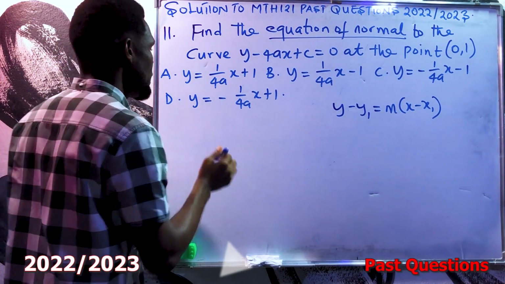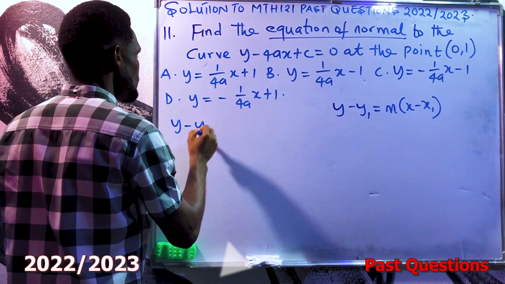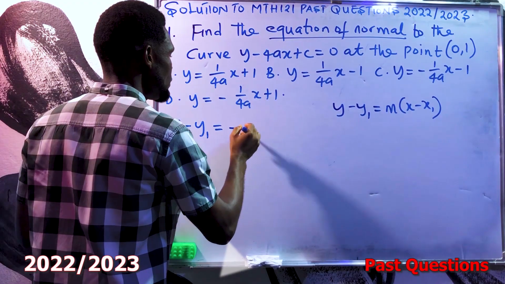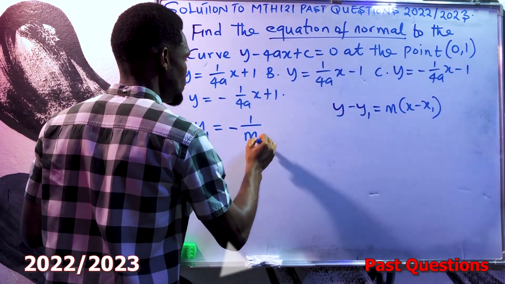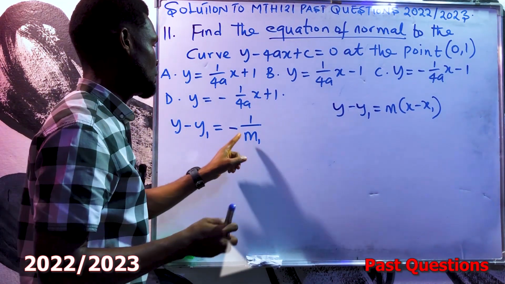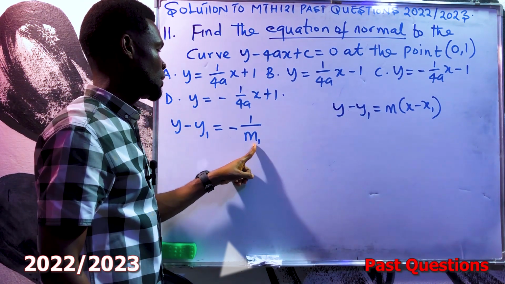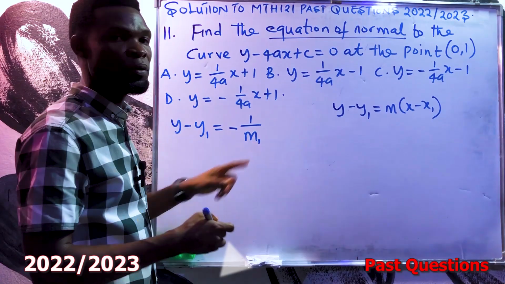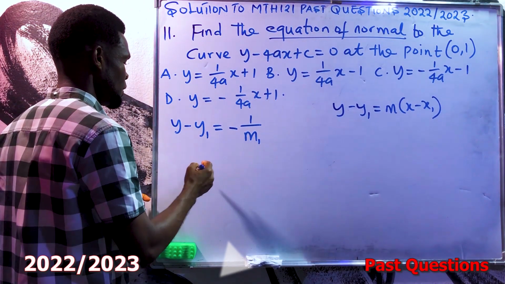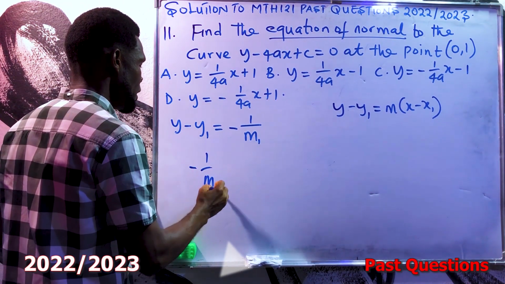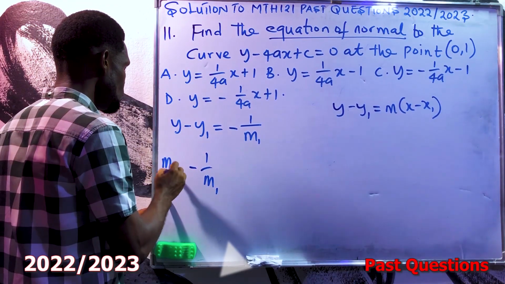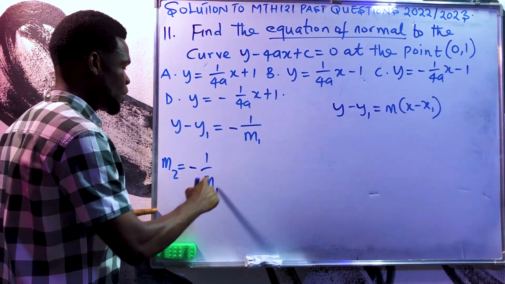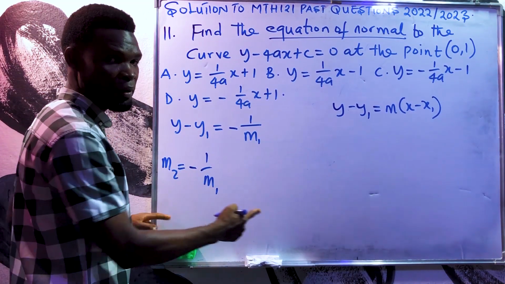But the equation of the normal will be y minus y1 equals minus 1 over m1, where m1 is the gradient of the tangent. So the gradient of the normal, m2, equals minus 1 over m1, the gradient of the tangent.